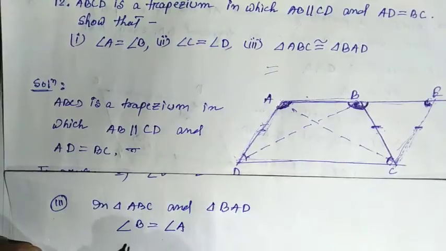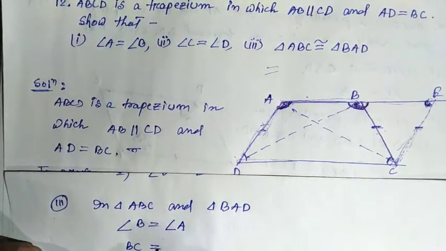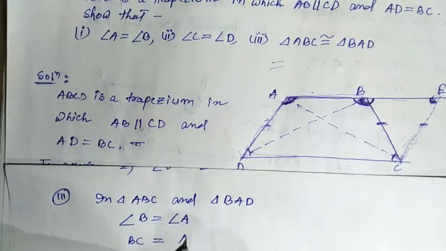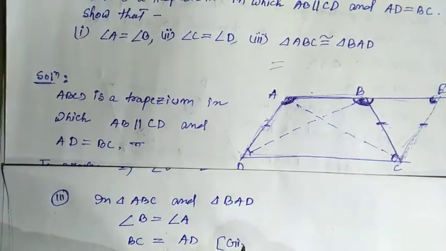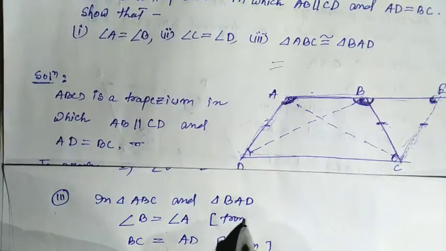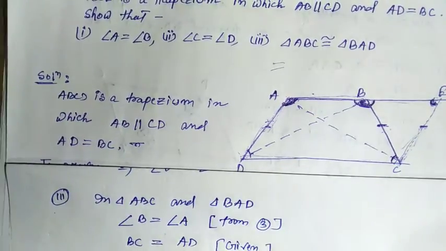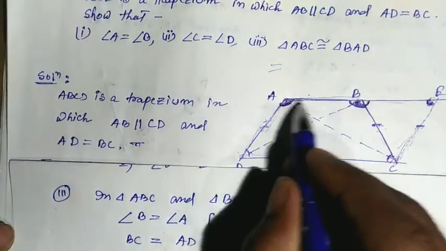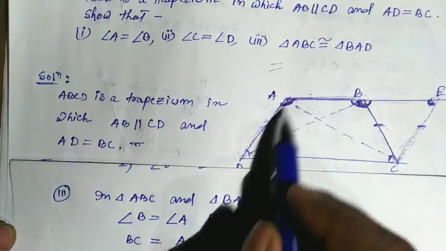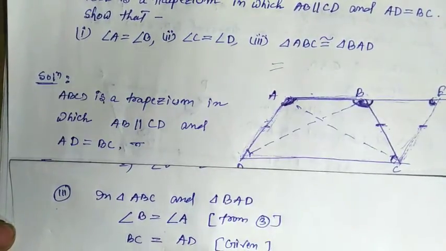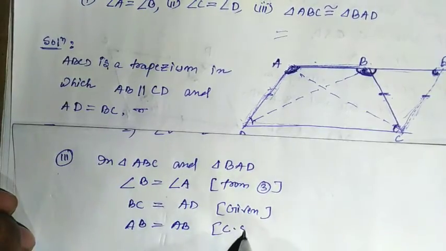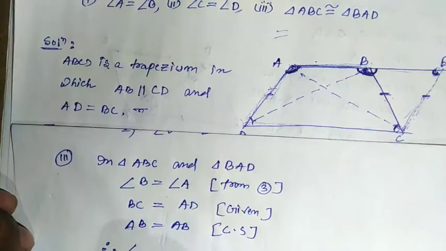So BC is equal to AD, given, and the angle equality is from equation number 3, proved: angle A is equal to angle B. And see, AB is present in both triangles. So AB is equal to AB, common side.